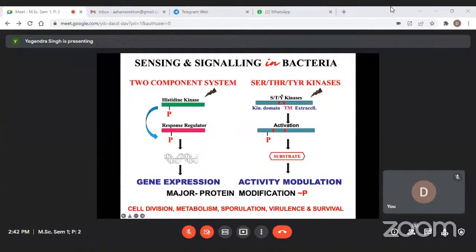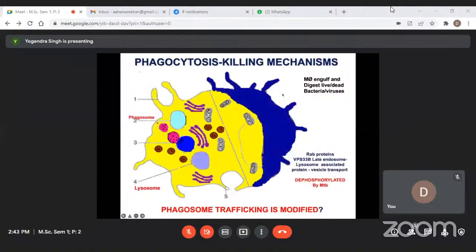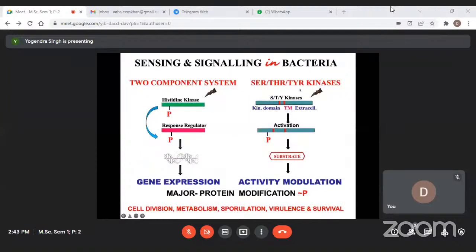The other set is called serine, threonine, tyrosine kinases. Many of those kinases are also on the membrane. They can also sense outside, but normally they do not. Some of them do bind to the DNA, but many of them, once they are activated, phosphorylate a substrate.